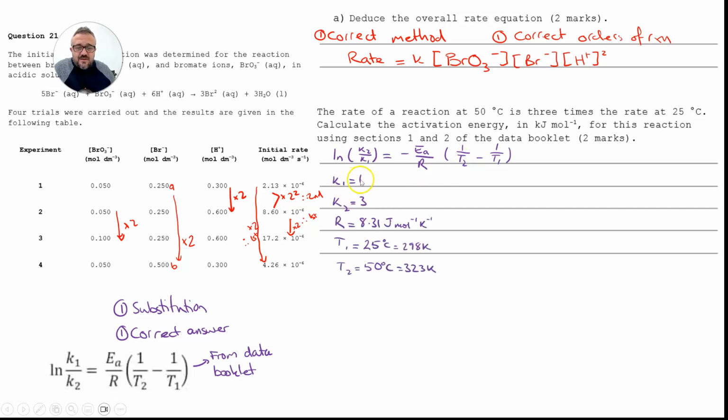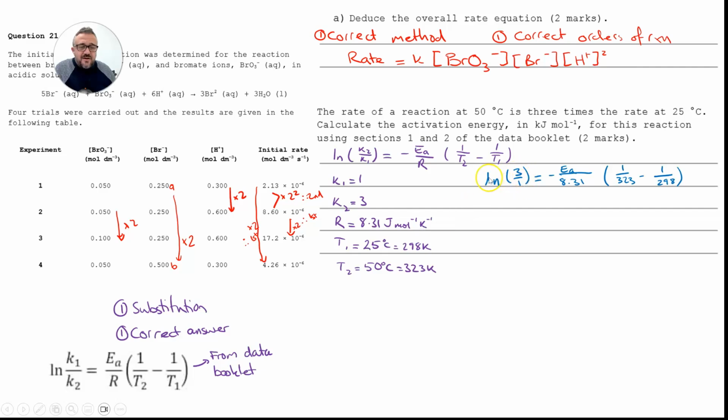This is k1 = 1, k2 is 3, because it's 3 times, so you can just treat that as 1, treat that as 3. That's a nice little number. The gas constant is 8.31 joules per mole per Kelvin. Temperature 1 is 298 Kelvin. Temperature 2 is 323 Kelvin. It's important that we use Kelvin for this because the gas constant is in Kelvin.